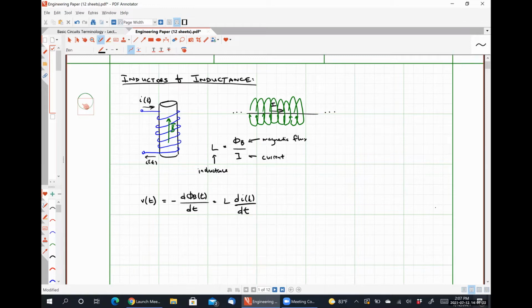So this is one of those fundamental equations like we had the other day. So I'm going to put a red box around it.